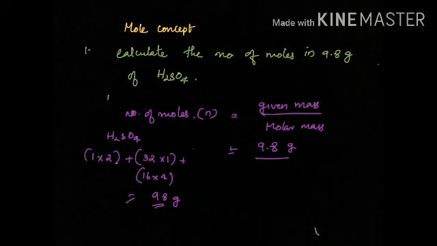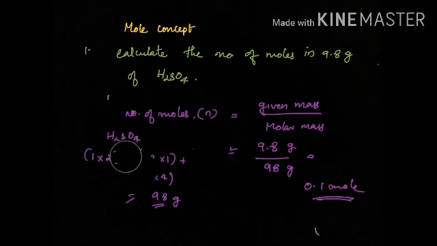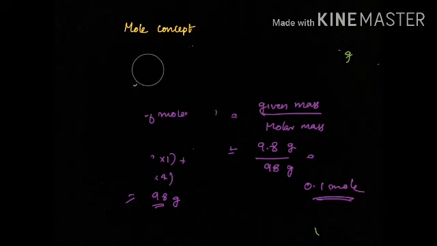So 9.8 gram divided by 98 gram, you will get the answer as 0.1 mole. Now let us do the next question. Hope that question is clear to you.